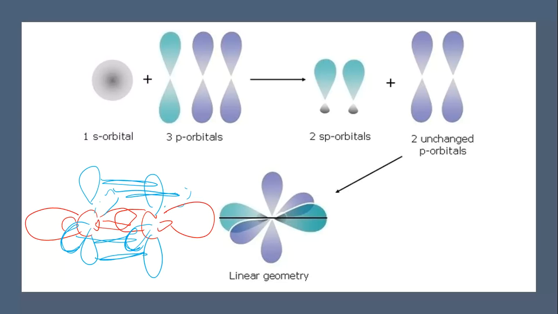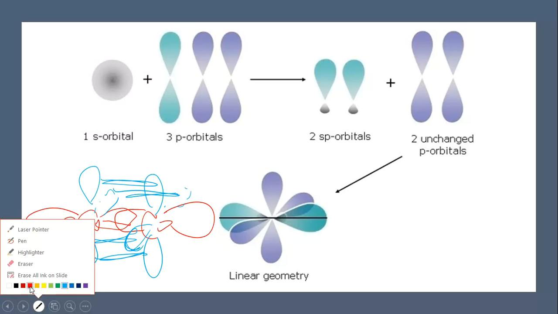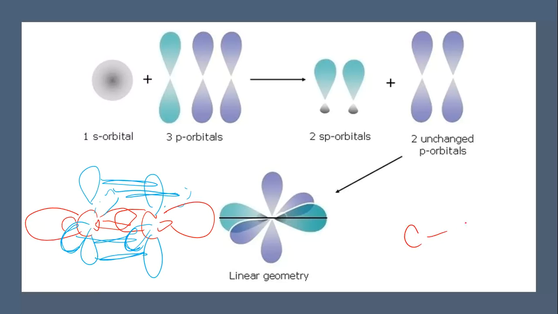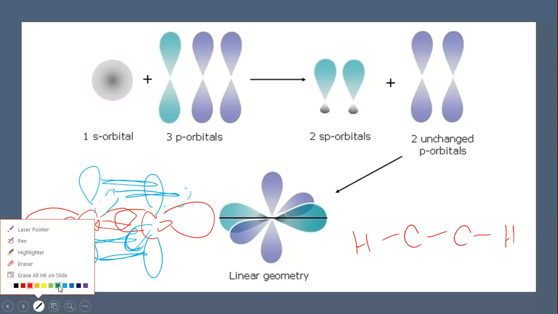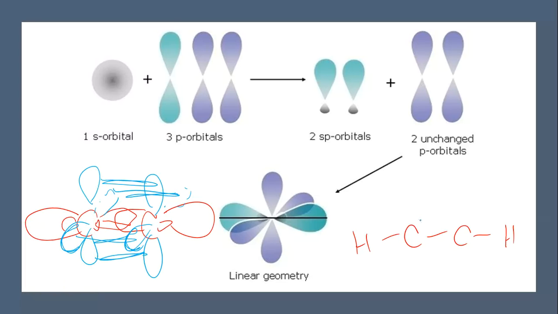So that would be the same as basically 2 carbons, right? Single bonded with an sp, and then you have single bonds with hydrogens with the other sp, and then you would have double bonds and triple bonds in that overlapping p area.